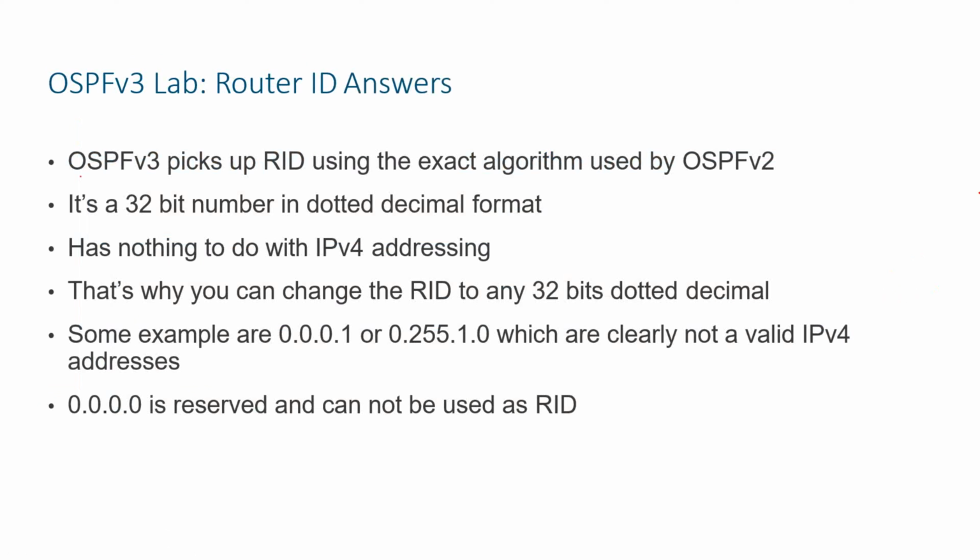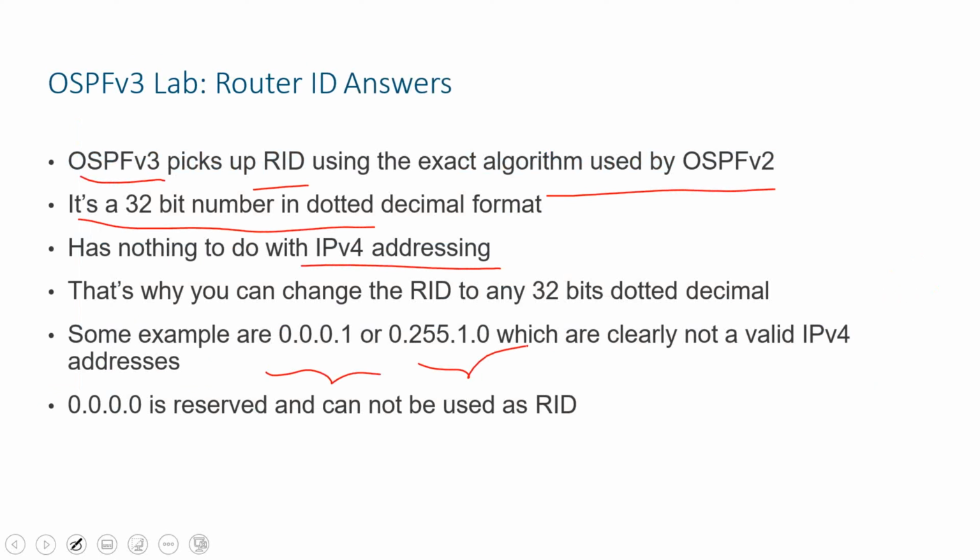OSPFv3 picks the router ID using the exact algorithm used by OSPF version 2. It is a 32-bit dotted notation that we have in OSPF version 2, but has nothing to do with an IPv4 address. You can use any format, like 0.0.0.1, 0.2.55.10, etc. You should not use 0.0.0.0 because it is reserved.